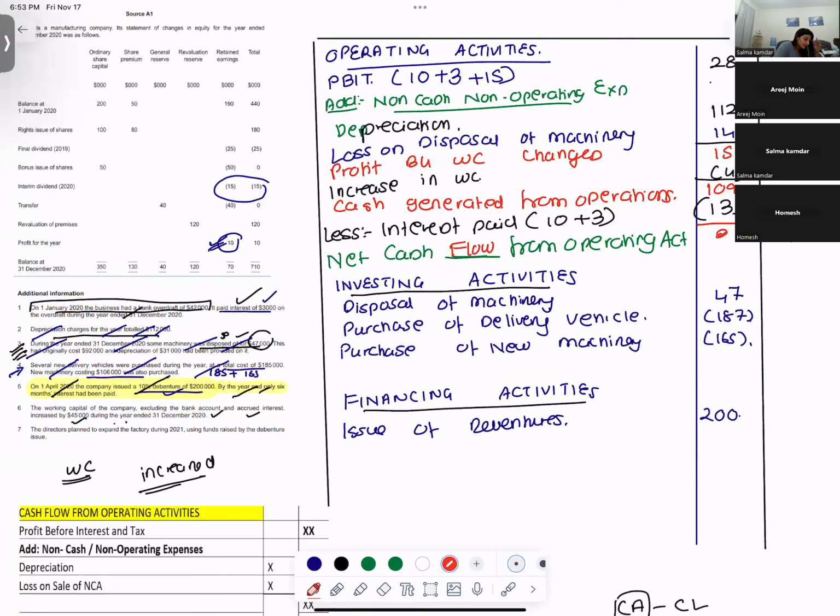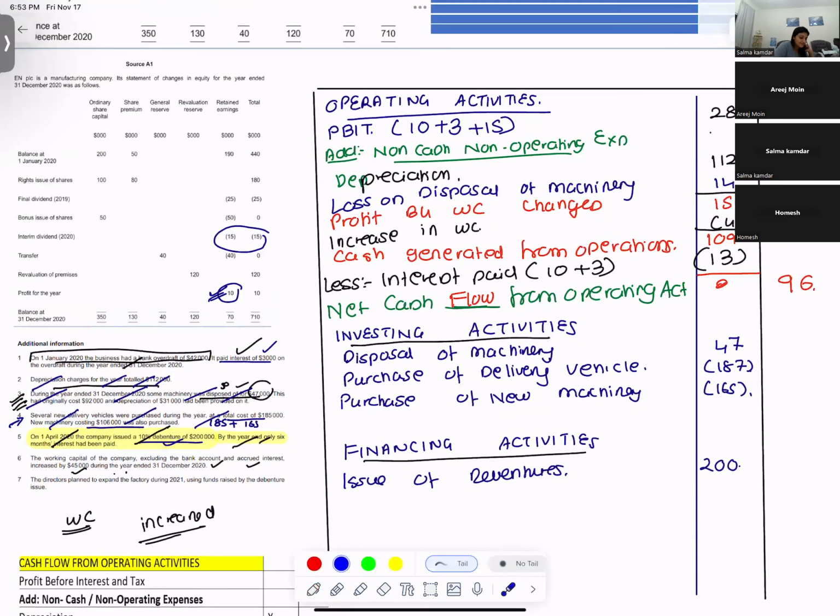Now I will again read the question and see if I have any investing or financing activities. Remember, investing activities will be related to the non-current assets, and financing activities will be related to issue of shares, issue of debentures, and dividend paid.